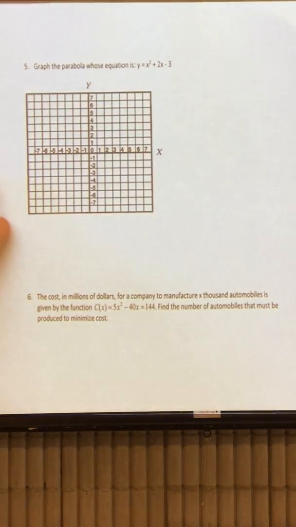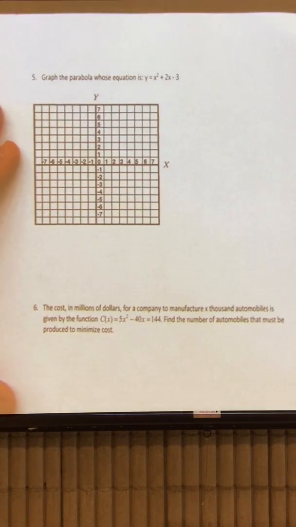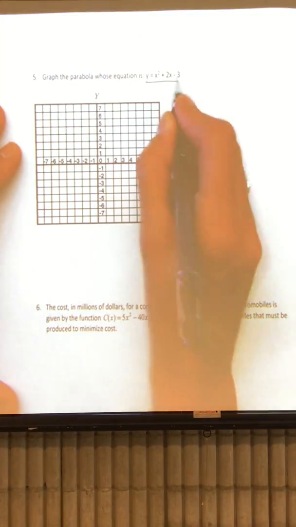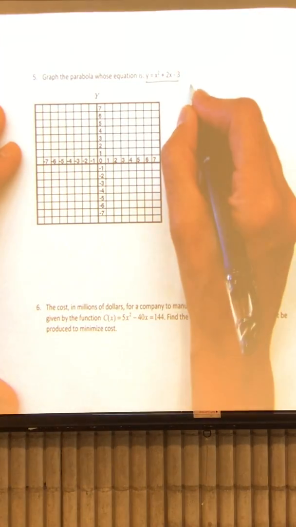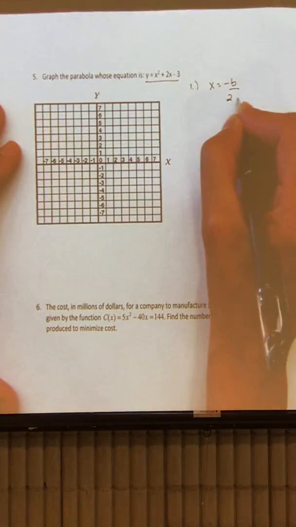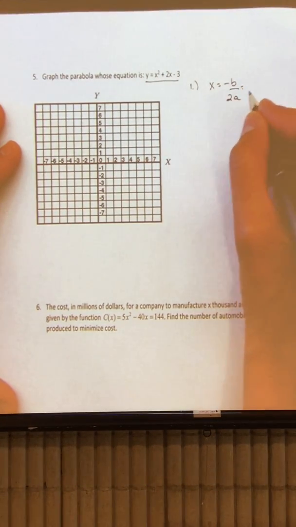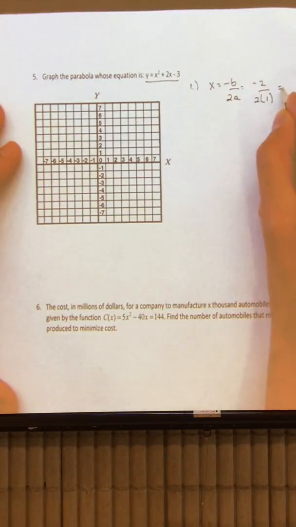Going to number 5, you want to graph the equation. So you first start with your line of symmetry, just like we did before. Our line of symmetry is negative b divided by 2a. Substituting the numbers in there, you have negative 2 divided by 2 times a, which is equal to negative 1.